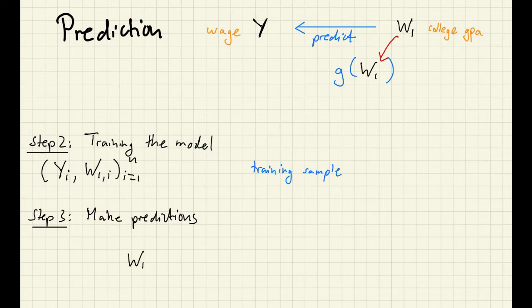And by new data, I mean that this w1 is not contained in the original training sample. Such new data is called out of sample data. So this is an out of sample observation.